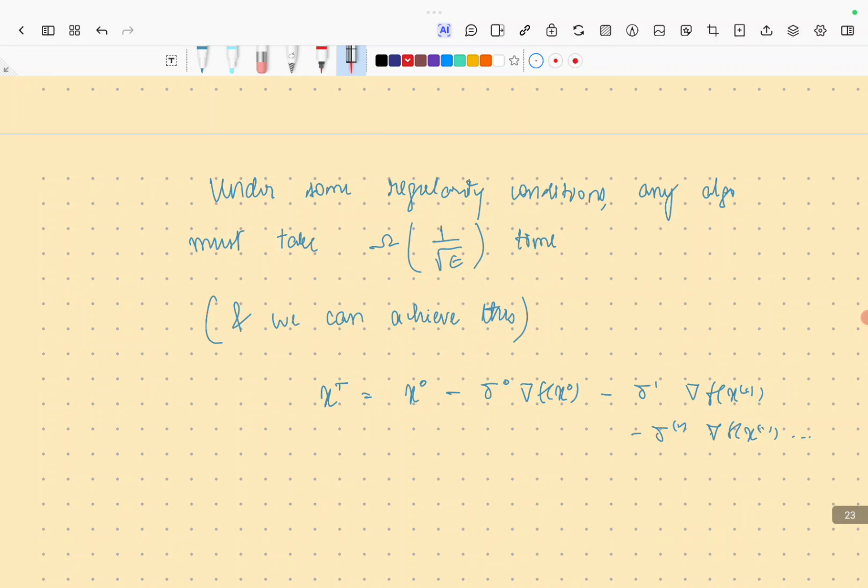Suppose that x0 is within b distance to x star, and for the worst case function possible, how long would it take to get epsilon close to the minimum? Again, there's a lot more involved. I'm not going to cover the proof over here, but that's the very high level intuition about what can be done, about what can't be done.